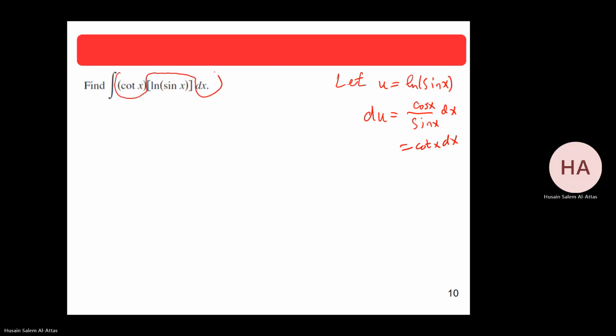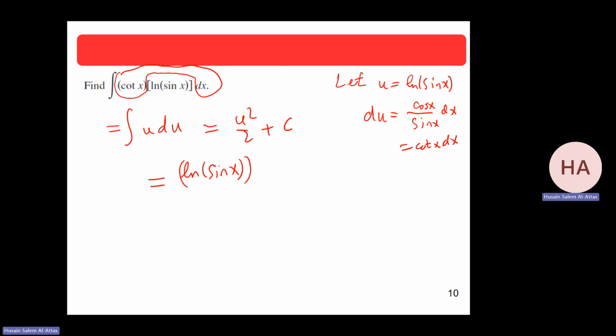If I let u equal ln sine x, what will be du? du will be cosine over sine dx, which is cotan x dx. So this is my du. So this integral is u du, and that will be u squared over 2 plus c. What is u? It's ln of sine x, all squared, over 2 plus c. And that will be the answer.